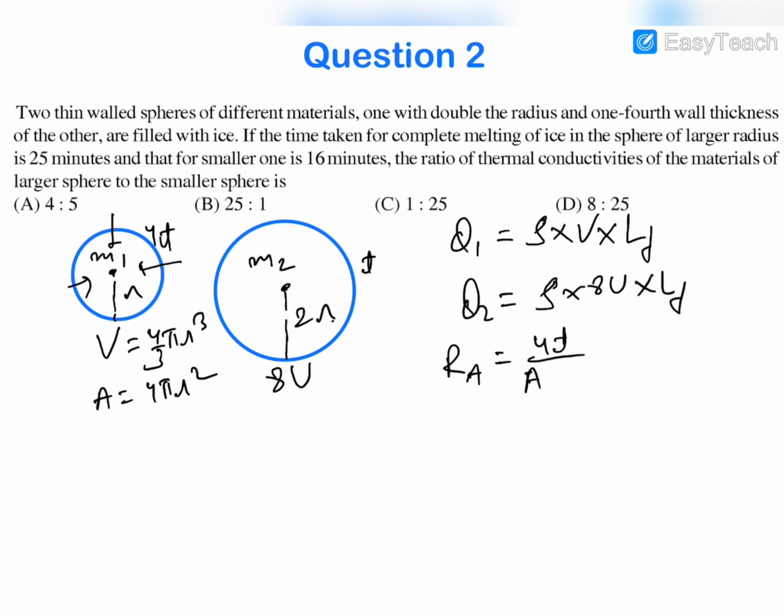So 4T upon A into K1, okay, and RB will be equal to T upon the area of this sphere will be 4A, okay, because radius is twice, so 4A into K2, okay.